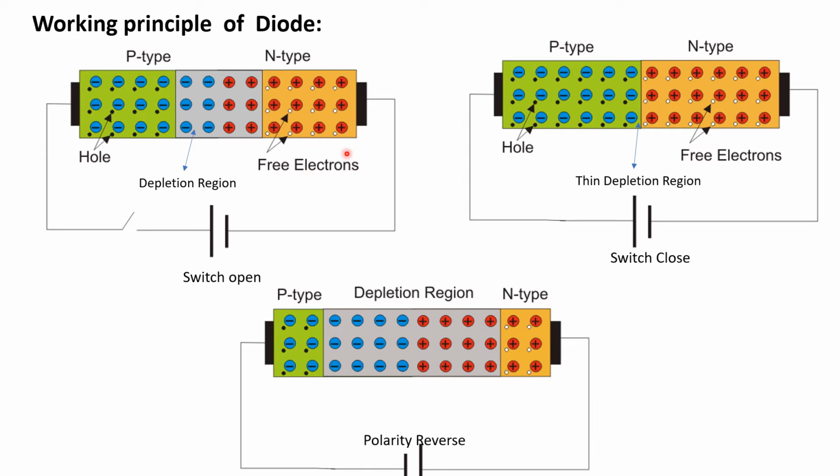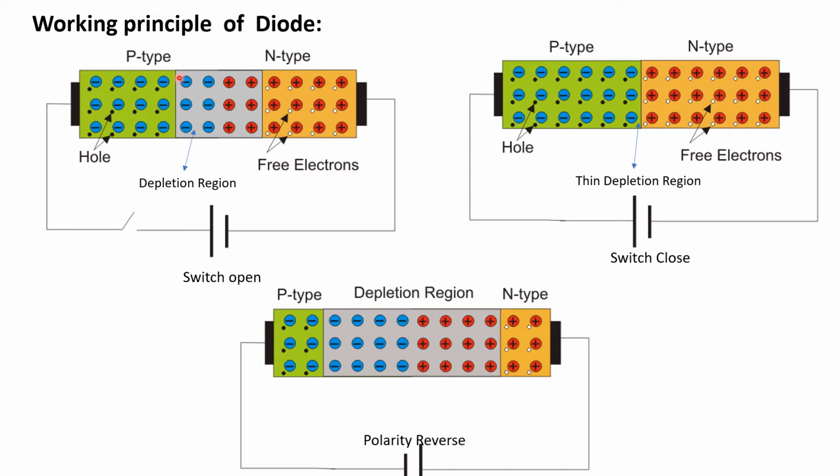So what happens when you close the switch? This side is positively charged and your holes are also positively charged, so they repel each other. Similarly here, this side is negatively charged and the N type is also negative, so they repel. What you see is a very thin line of depletion region.